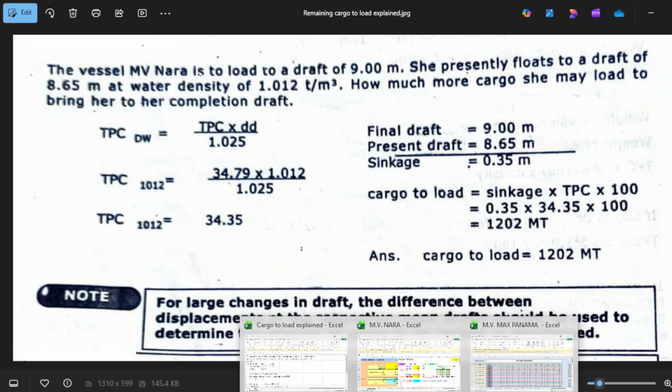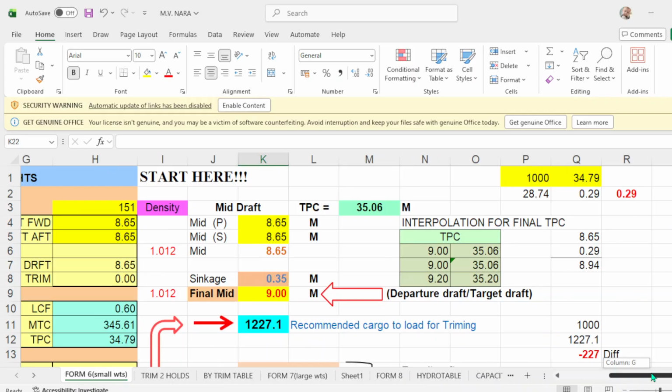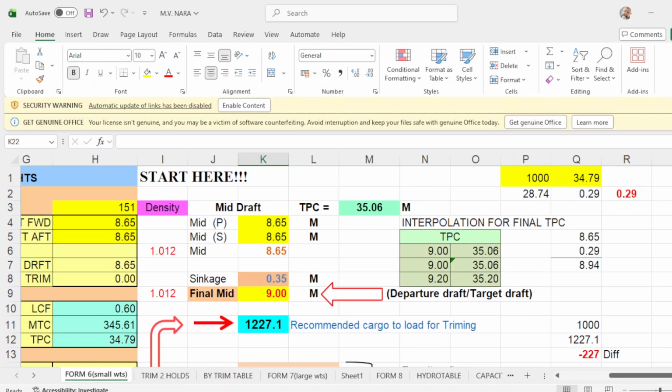Now, there's another point that I'm going to raise. Okay? For example, now you know already your cargo amount or remaining cargo to load is 1,227. Okay.